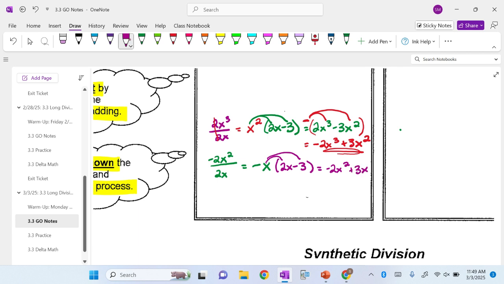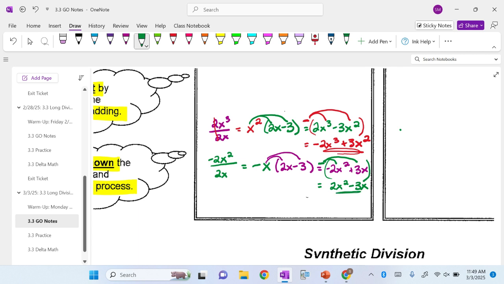Positive 3x. Now remember, we're subtracting up at the top. So that means I got to multiply my answer by a negative number. So if I multiply that negative, what am I putting up top to subtract? 2x squared minus 3x. All right, do not forget to multiply that negative because we're technically subtracting, which means we got to change the signs to both terms.